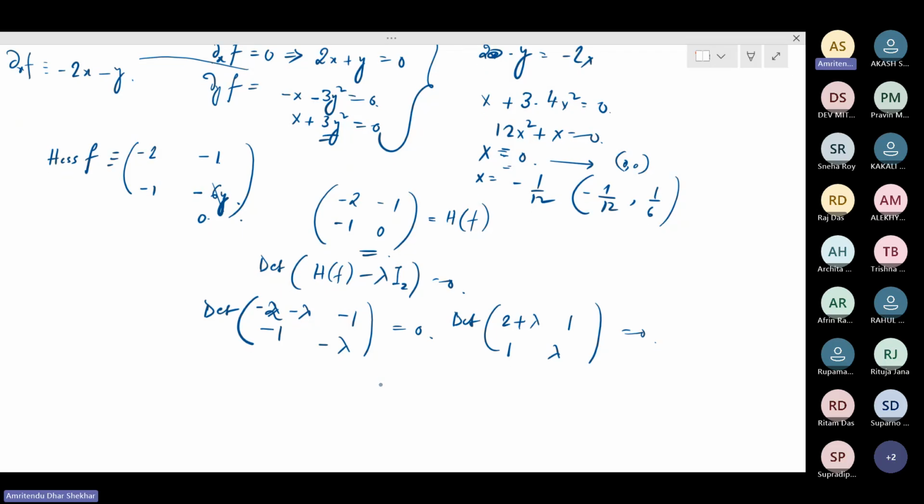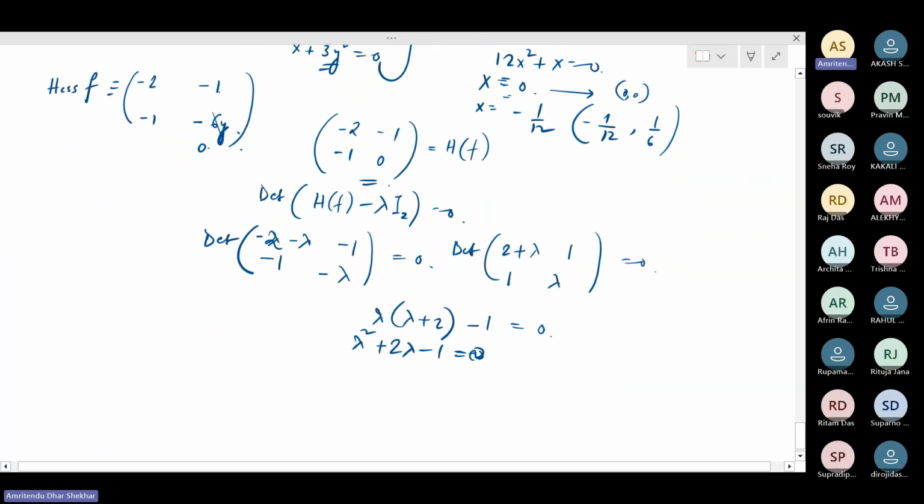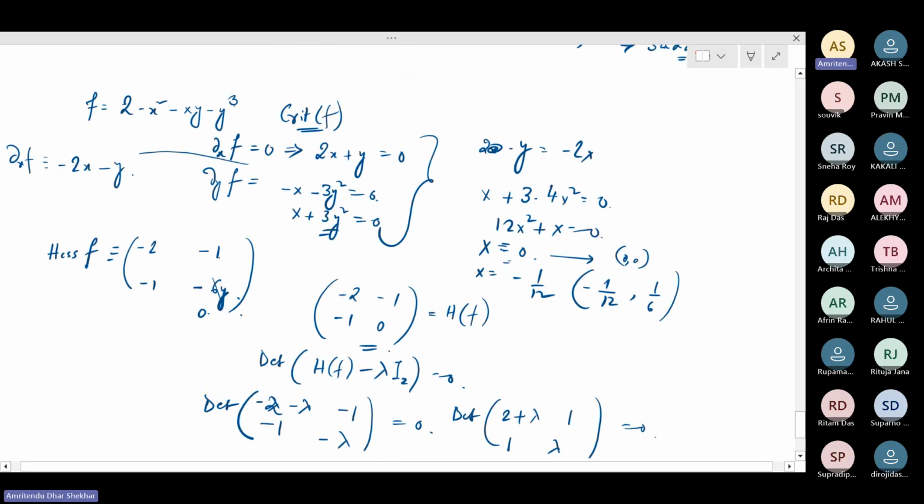So this is equal to lambda times lambda plus 2, and so on. Okay, I think this is the plus. I'm making a mistake somewhere in the computation.